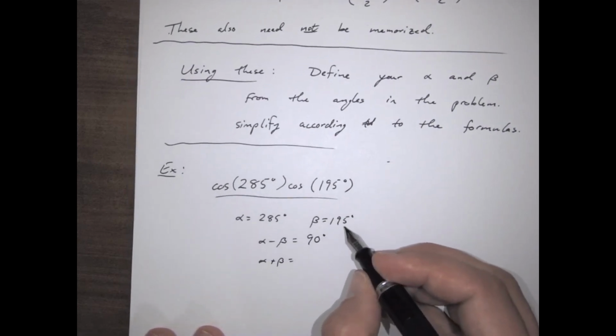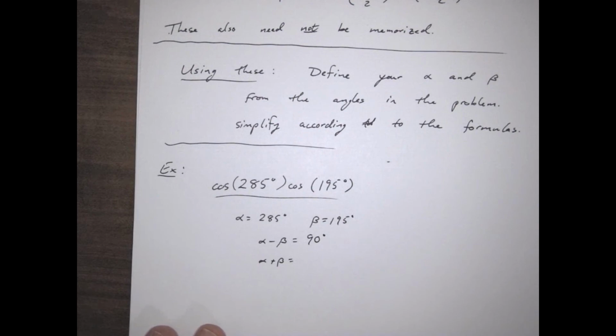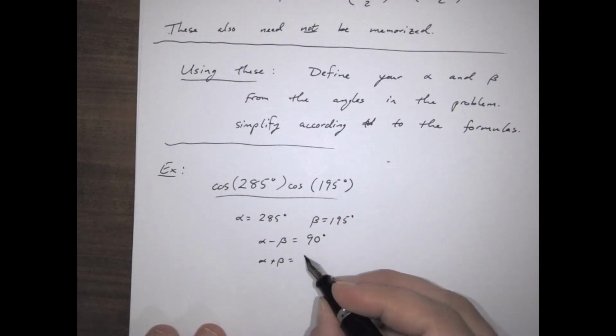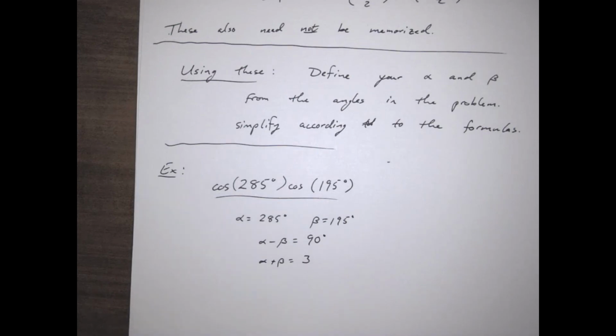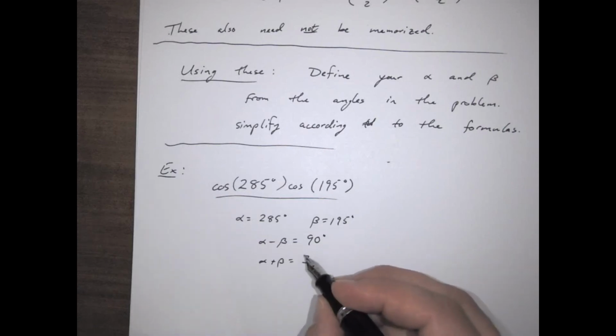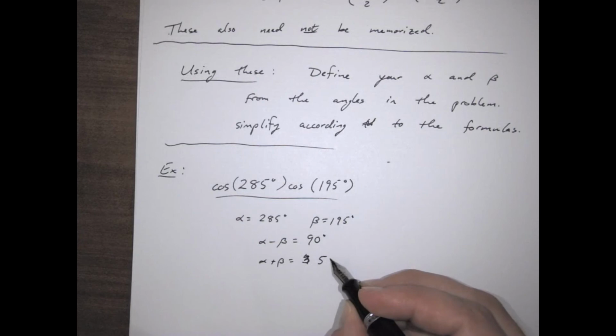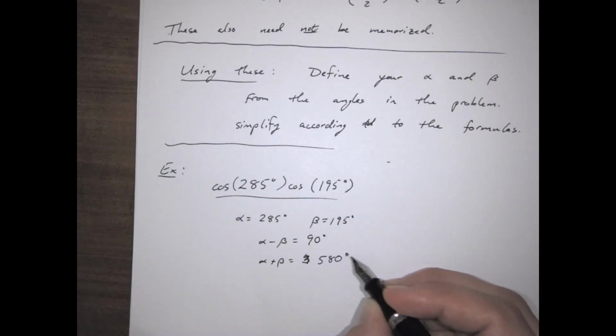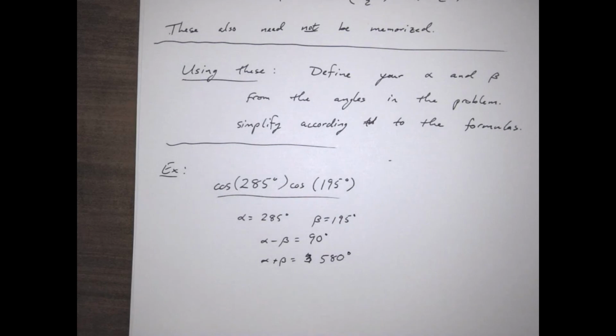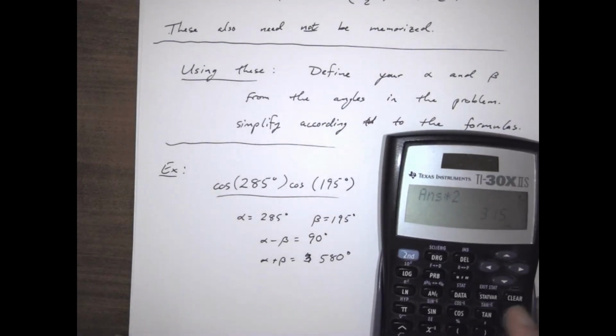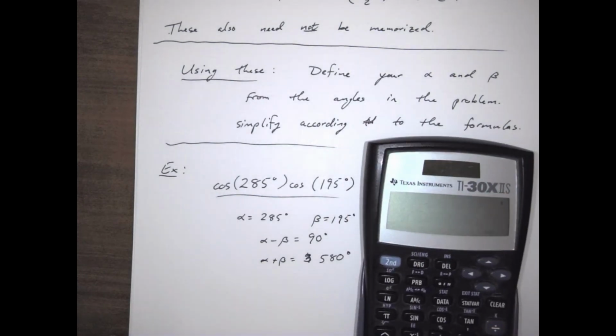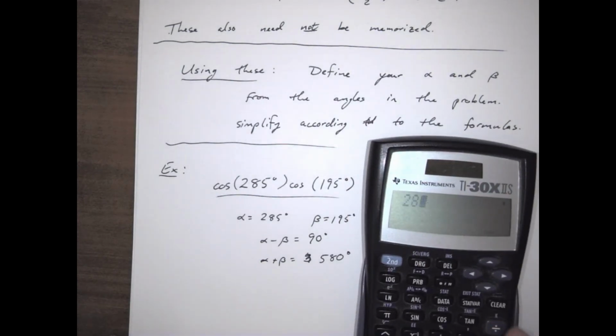Alpha plus beta. So if we were to add these together, we're going to get, is it 300? 380? I mean, 500, 580. What am I doing? No sense being proud at this point in the video. So let's just not be foolish here. 285 plus 195. 480.